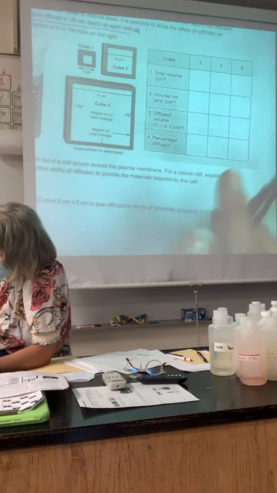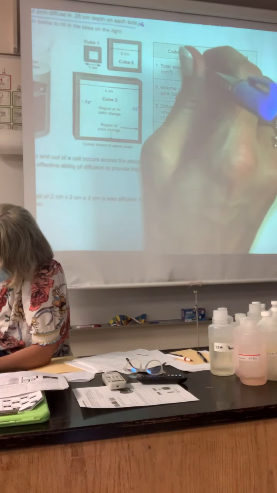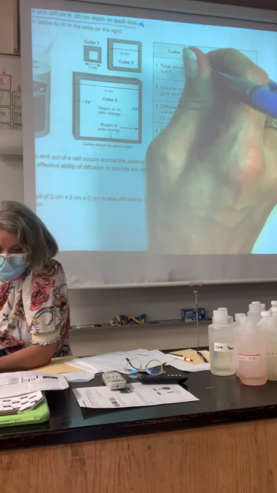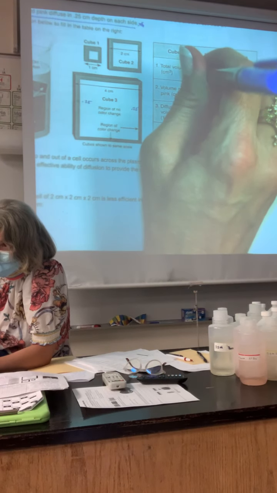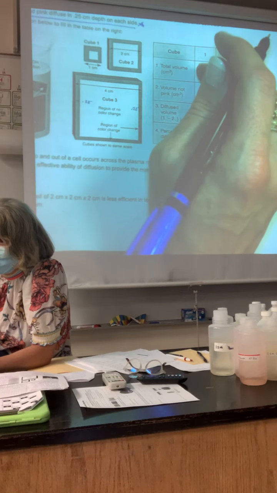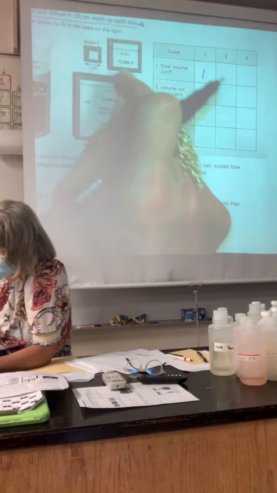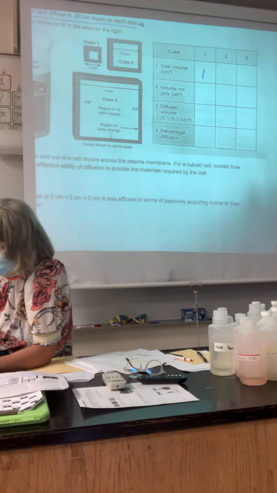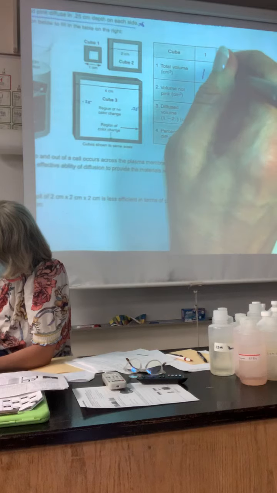So cube number 1's total volume is 1 centimeter, right? So what is the total volume of this cube? Remember, length times width times height, it would be 1, right? 1 centimeter. Good. Cube number 2 is 2 centimeters on one side. So what would its total volume be? Yell out your guess. 8.